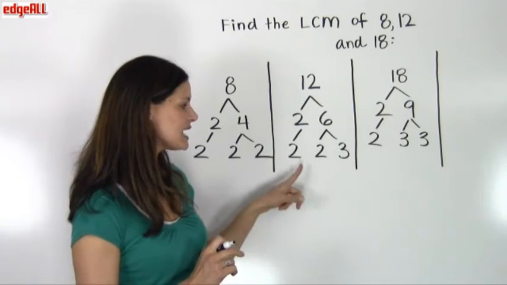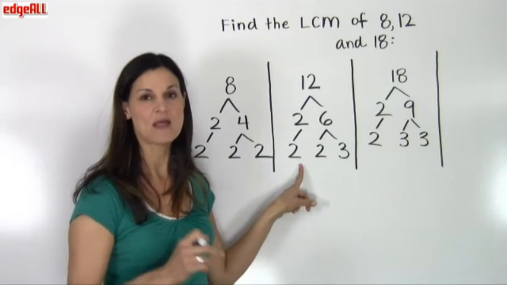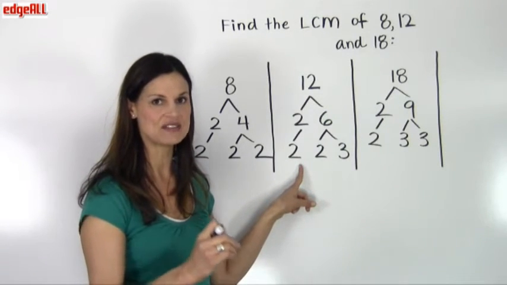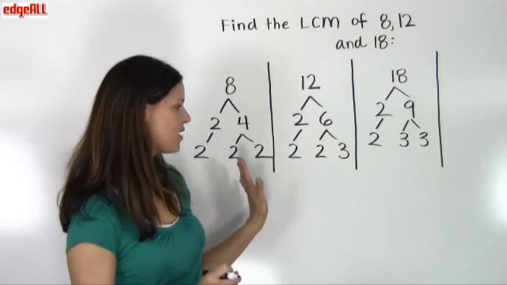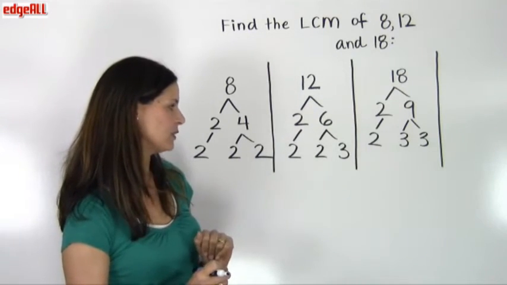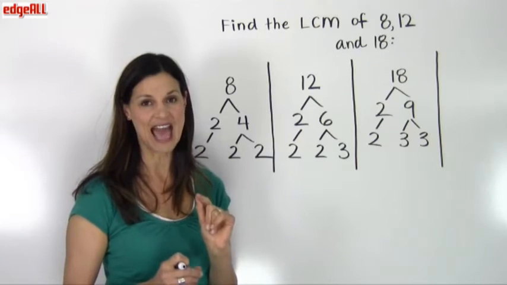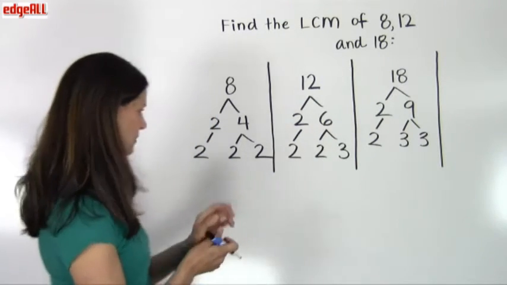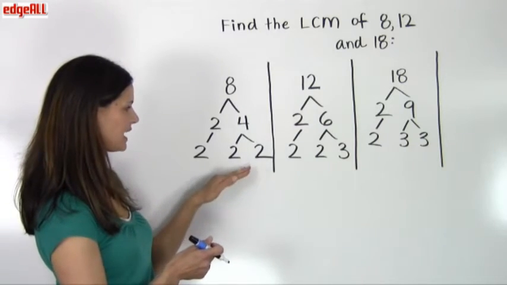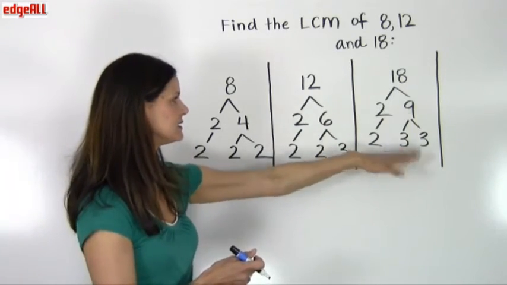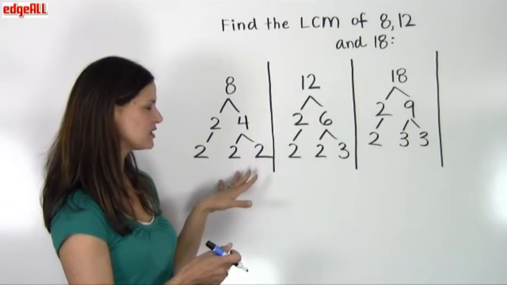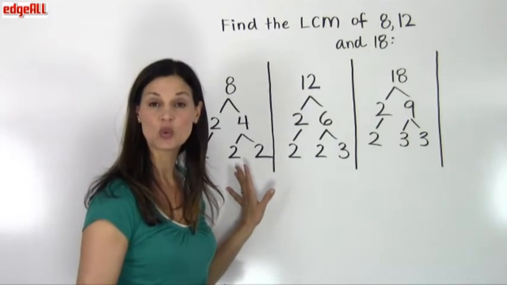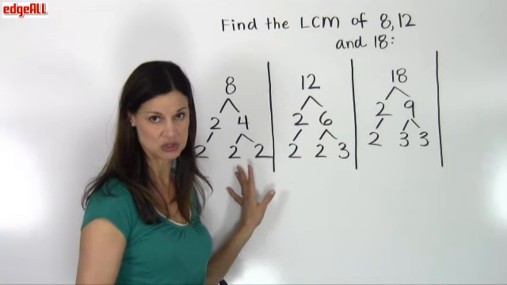We're going to use each of the prime factors the greatest number of times that it is found in any one of our numbers. So let's first look at the 2. So 2 is one of our prime numbers, and we want to find which of these prime factorizations contains the greatest number of 2's.